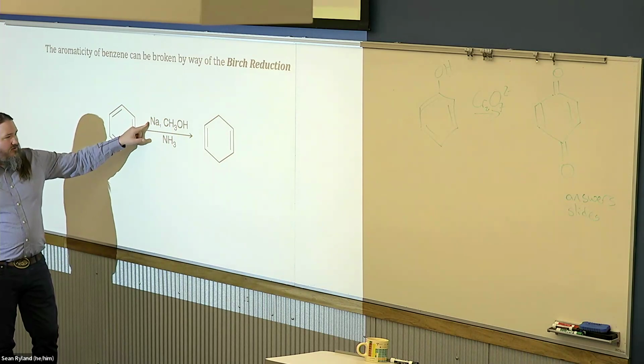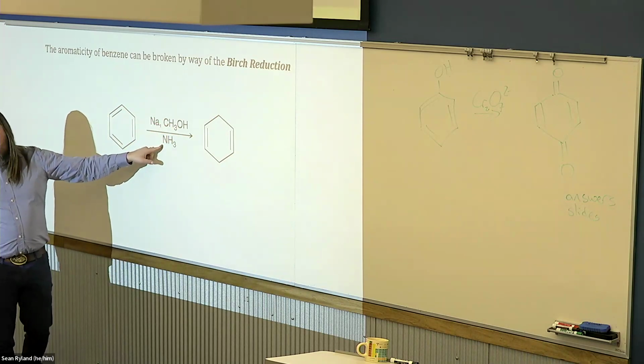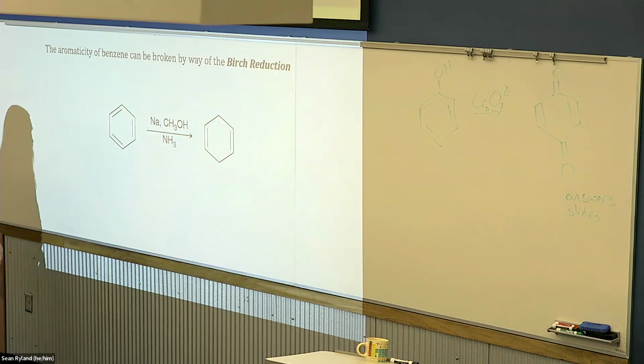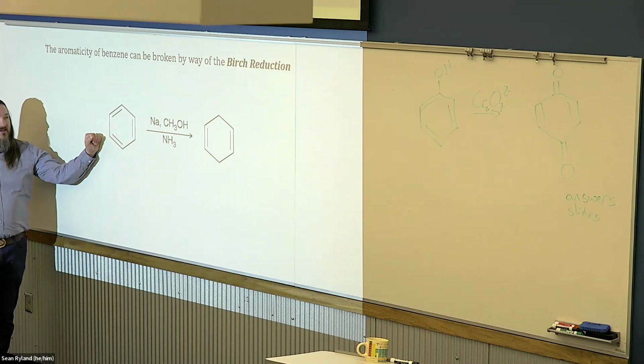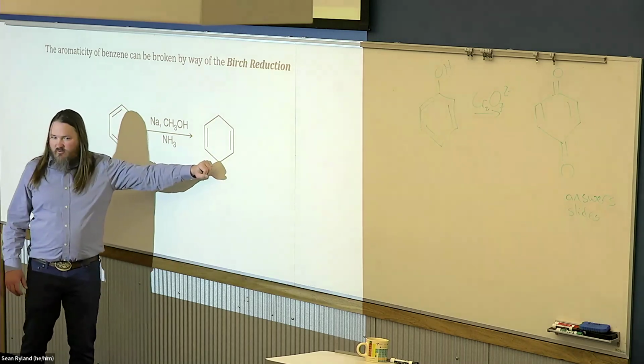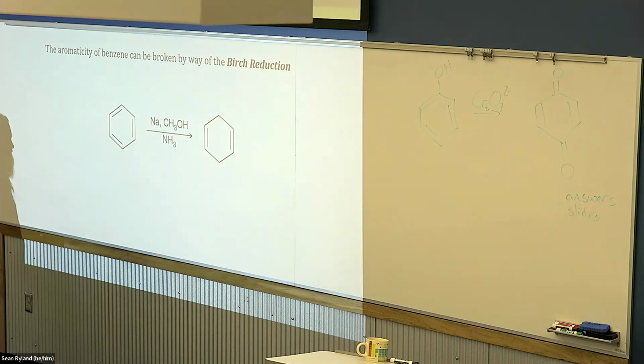We need sodium metal in methanol and ammonia. Under these conditions, we break the aromatic ring. Well, the ring is still a ring, but we break the aromaticity aspect of it. We reduce 2 of the 6 carbons without reducing all of them.